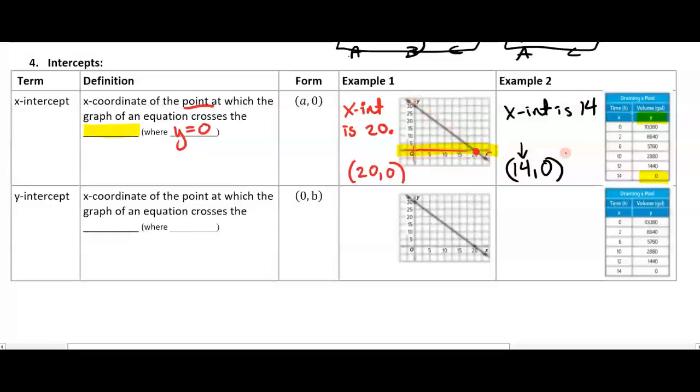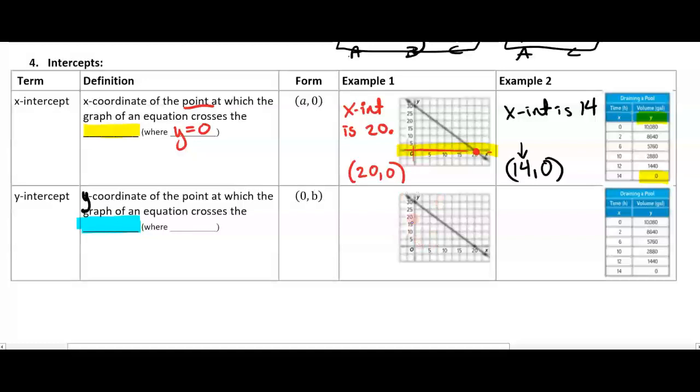Okay. Then conversely, my y-intercept, and this is an error right here, we'll fix that in your printed copy, my y-intercept is the y-coordinate of the point at which the graph of an equation crosses the y-axis. The y-axis. Okay? So, again, we'll come back to the second part in a moment.